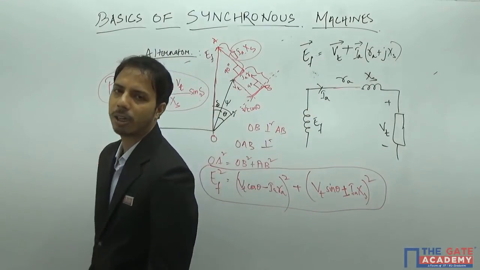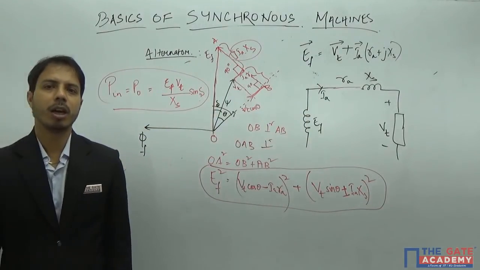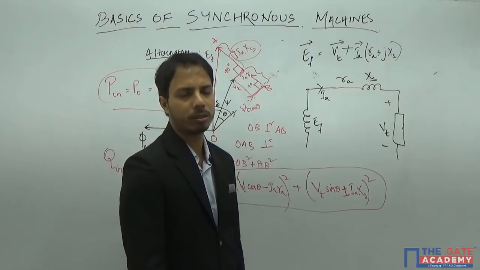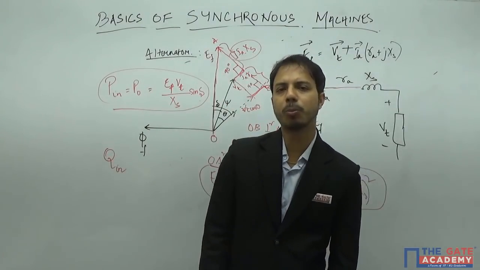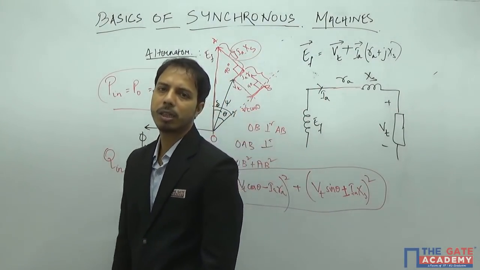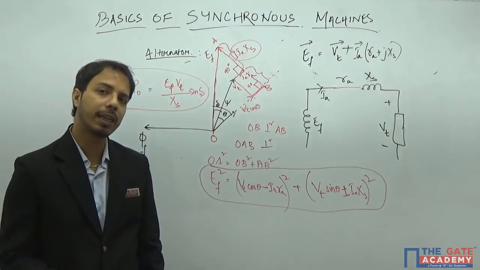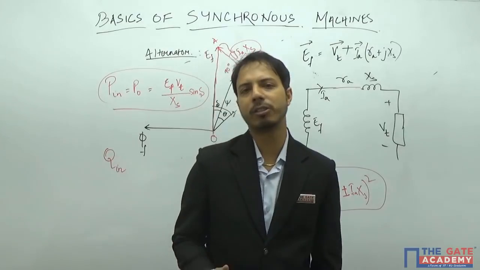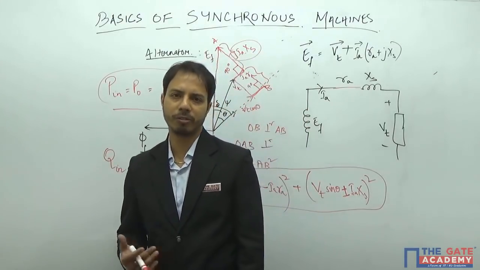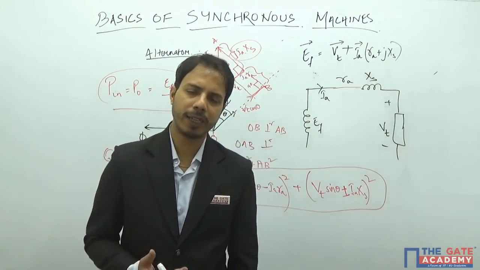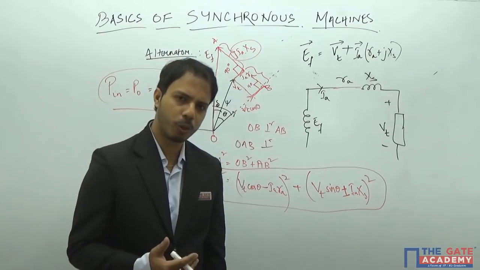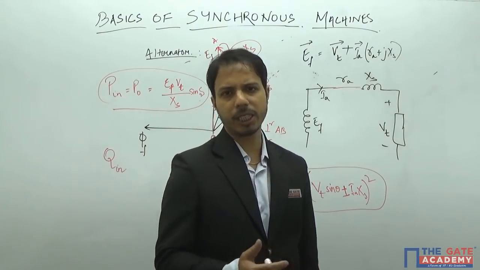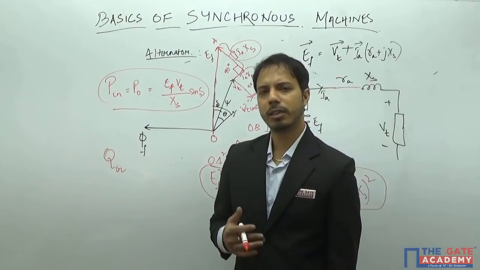See, there is no meaning of reactive output of a motor, because the output of a motor is mechanical. Since the mechanical energy which is converted is the real energy, we will be concerned with the real output power of a motor. Whereas the input of a motor will be electrical. Now, electrical input can be real and reactive both.